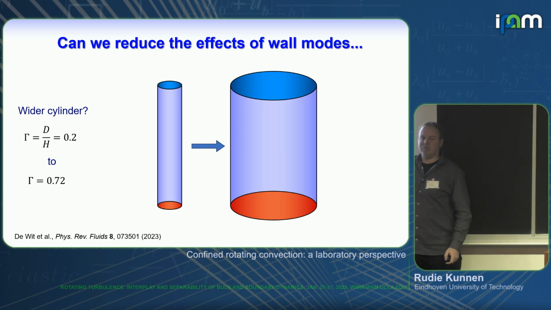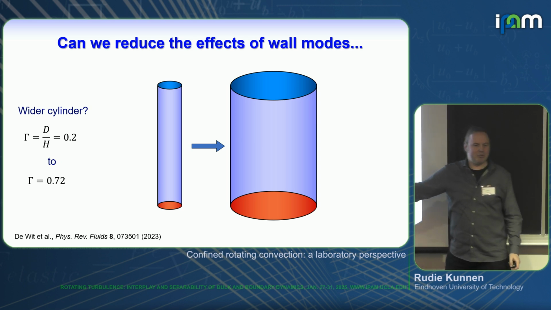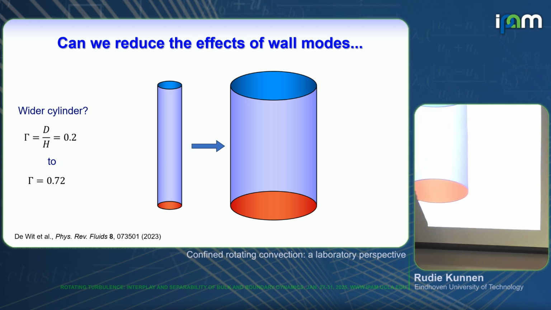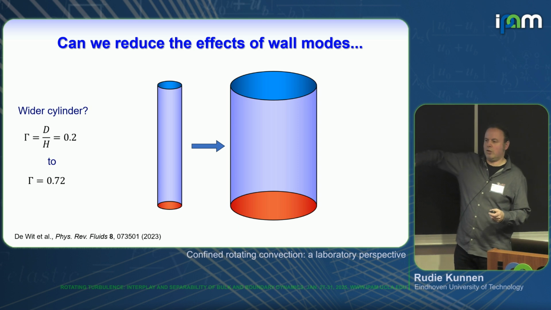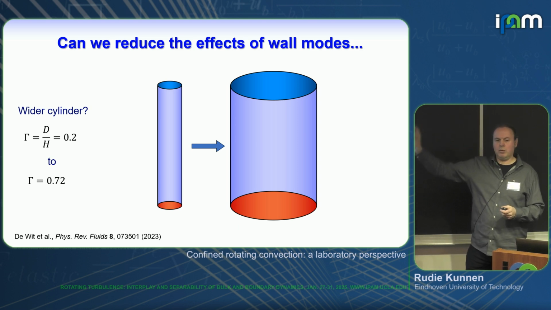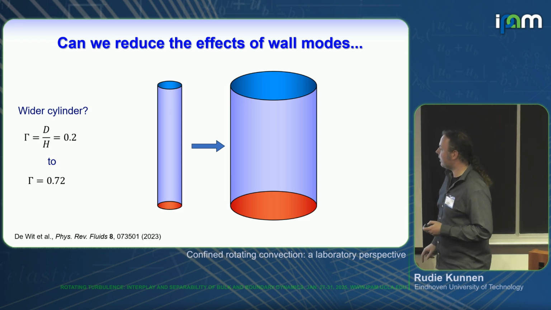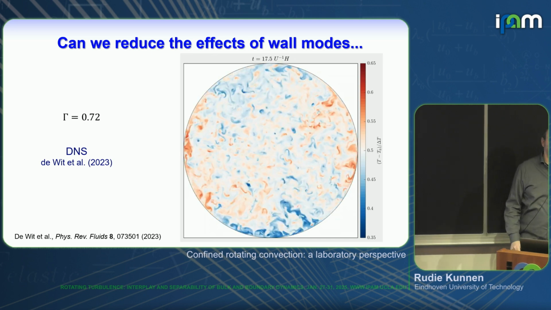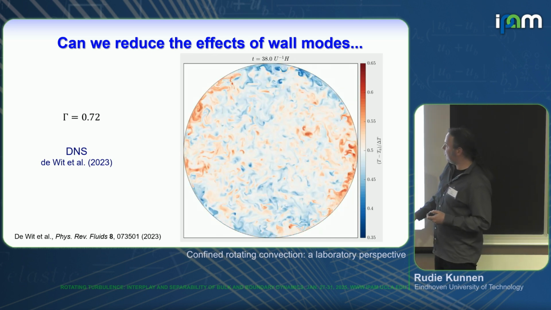Of course, in a simulation, we don't have any trouble with centrifugation because we can just switch it off, no worries. And we chose this particular aspect ratio because in this aspect ratio, we expect a wall mode with 2 wave numbers in the circumference rather than only 1. And a result from that simulation, you can see wall modes survive, wall modes thrive.